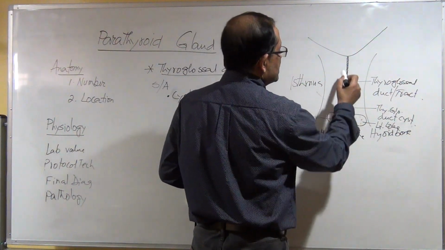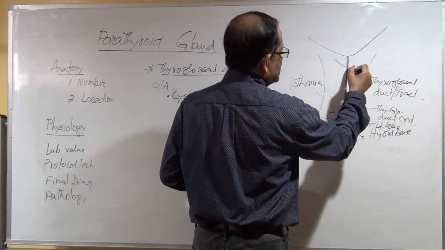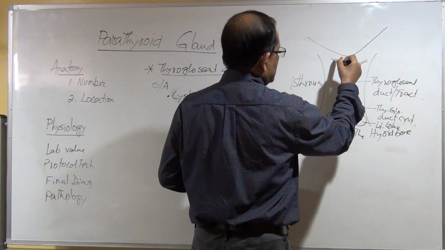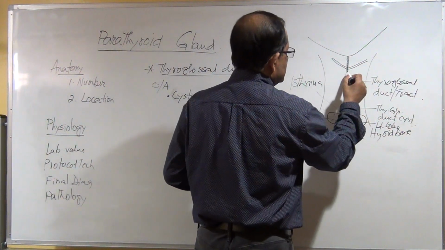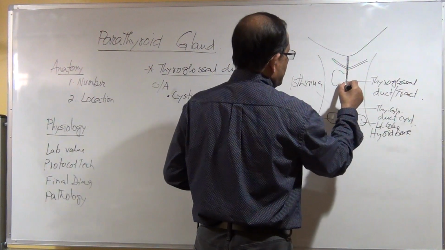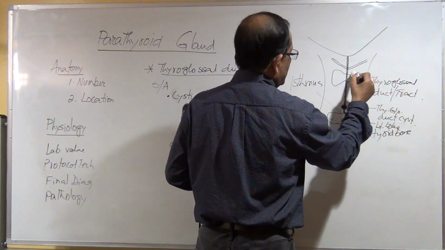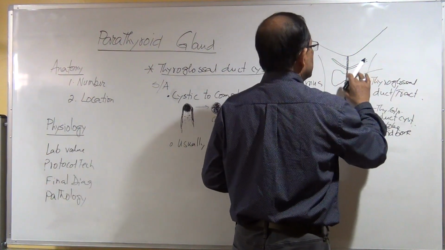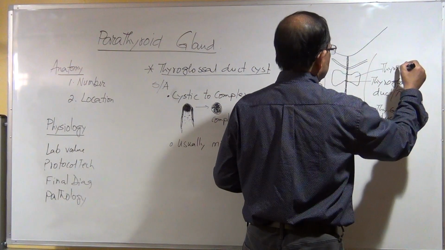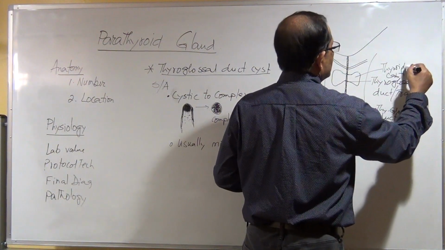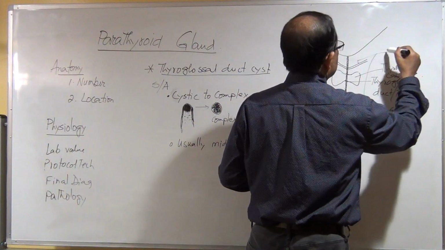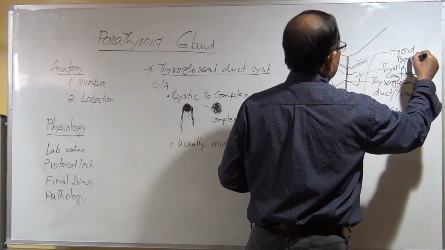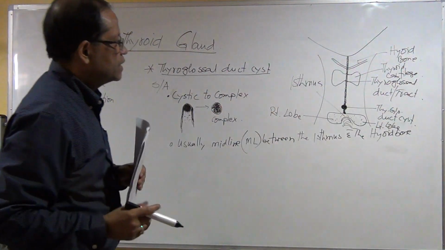Look, this is the hyoid bone, and this is the thyroid cartilage.